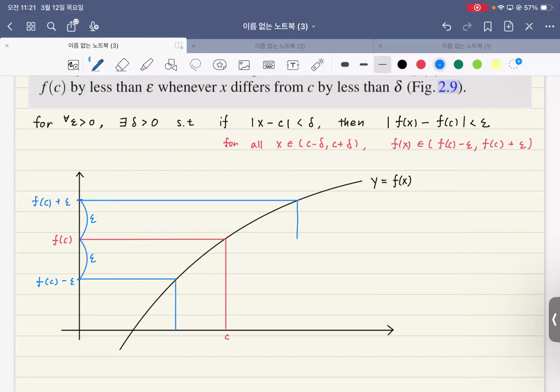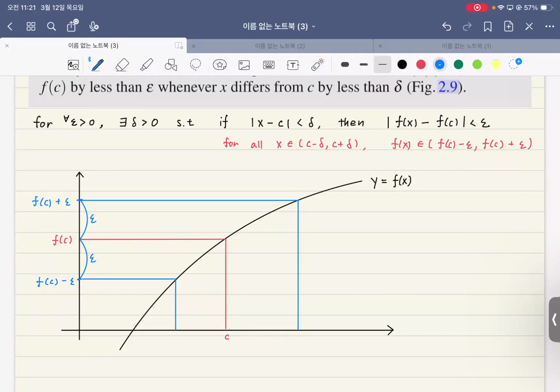Okay. And I am looking for the range of x such that the function value at this interval lies in this interval. So in this picture, I think the length of this line segment from here to there should be my delta. Why? Because from my viewpoint, the length of this line segment is slightly shorter than the length of that line segment.